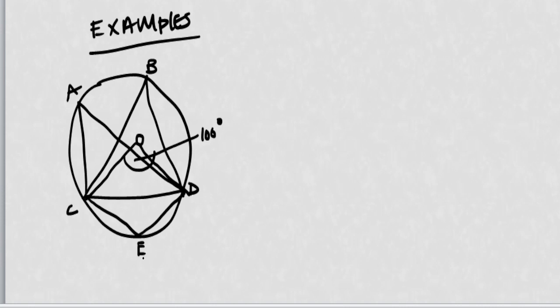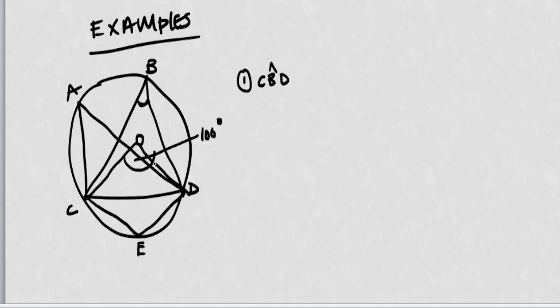Then we've been asked to find the first question. Let's say we find the angle CBD. If they do that, it means they're looking for the angle at B. So you look at C, then B, then D. So we're looking at the angle at B, this angle here.